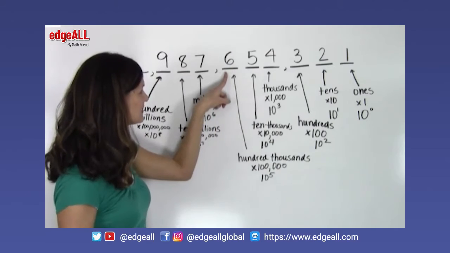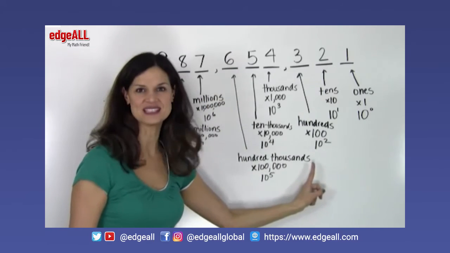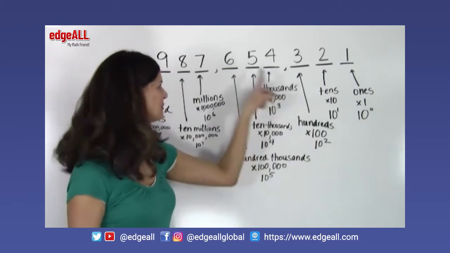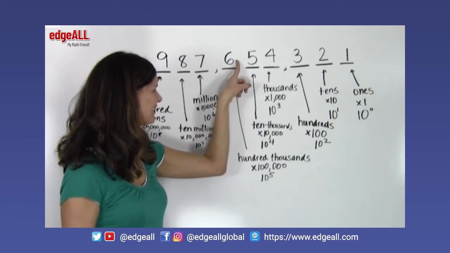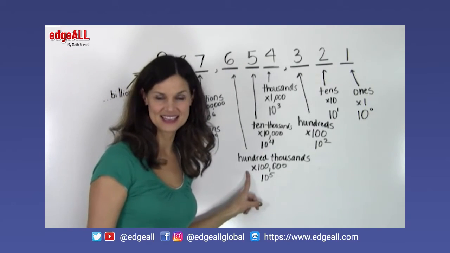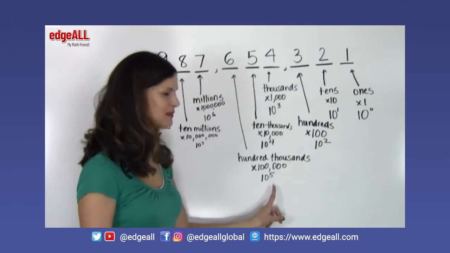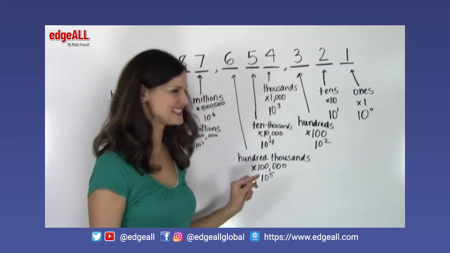Our sixth position is our hundred thousands place, and we multiply the digit in the sixth position times 100,000 to find its value, and that is the 10 to the power 5 place.